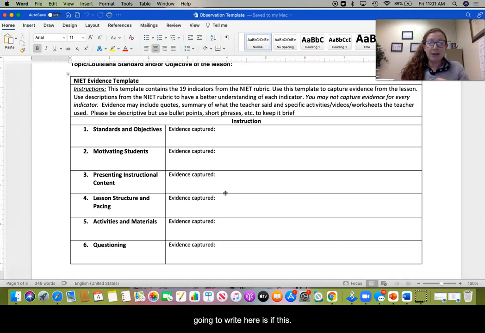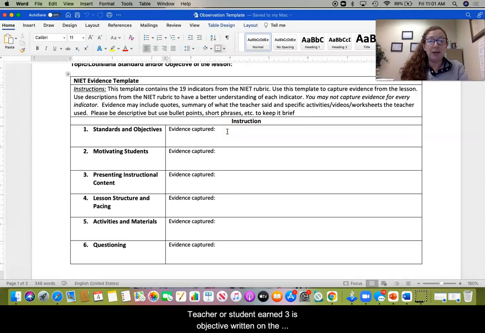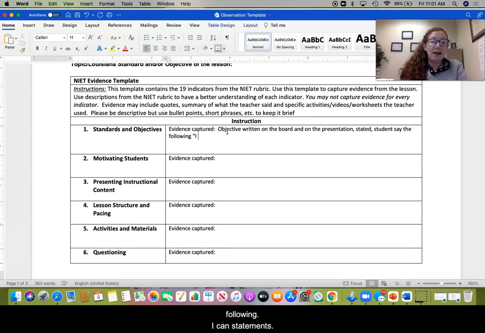So what I'm going to write here is, if this teacher earned a 3, is the objective written on the board and on the presentation, stated, do students say the following I can statement? And then I would write that I can statement in. So that would be the evidence that I am collecting to show that this teacher has met, at least at a 3, the standards and objectives.